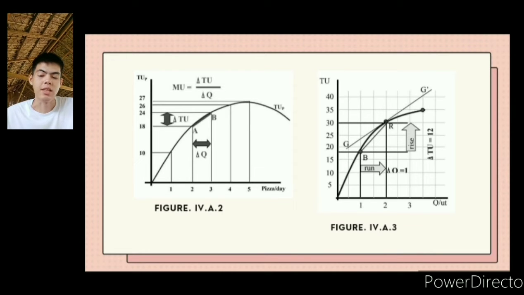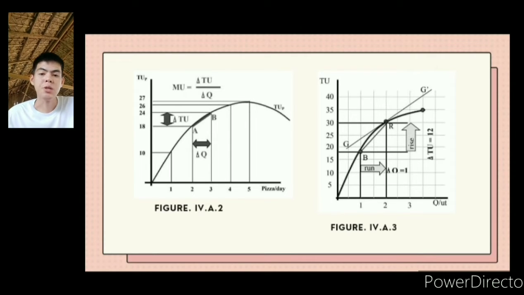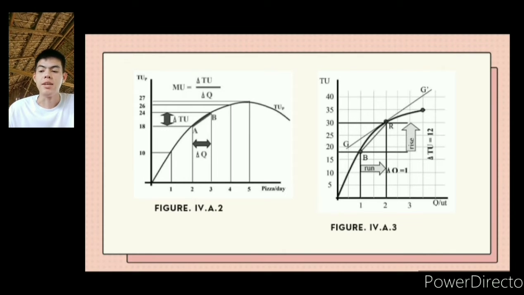The figure 4.A.3. In the previous figure, we see the total utility or yung maximum satisfaction na na-consume or nagamit dun sa pizza or nakain. At na-visualize na yung slope nung total utility. In this figure, the slope of an arc defined by 2 points on a total utility function, that 1 unit of good yields 18 units of satisfaction, while 2 units of the good result in 30 units of satisfaction.